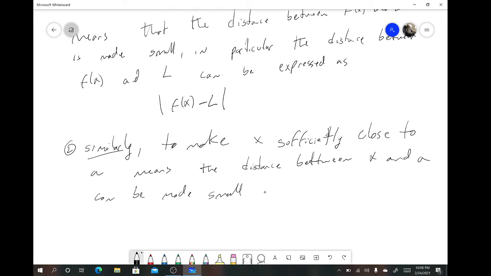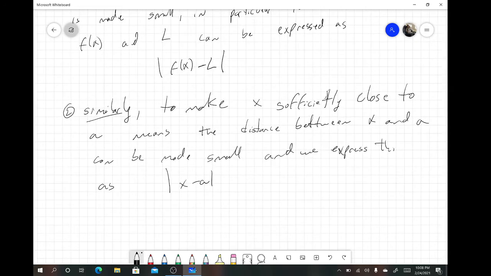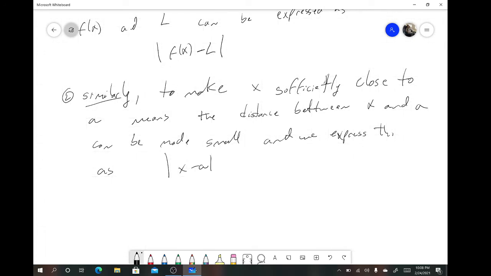And we express it as the absolute value of x minus a.